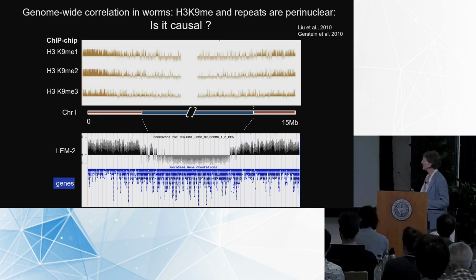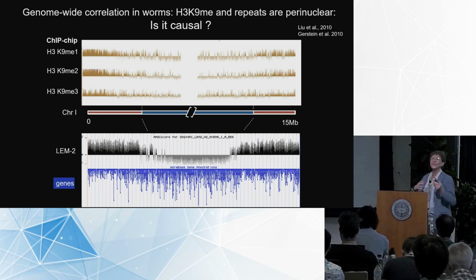So how general is this? The correlation in worms is not only a few promoters off and on, but actually the whole chromosome. This is chromosome 1, but all worm chromosomes are the same. The ends of the chromosomes have a lot of repeats. So this is looking at H3K9 mono, di, and tri. And actually, I haven't mapped here the repeats, but the repeats correlate almost exactly with that.